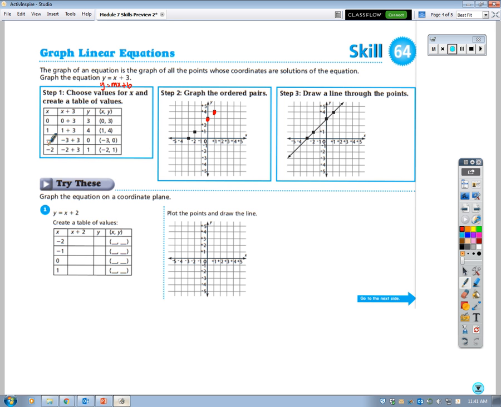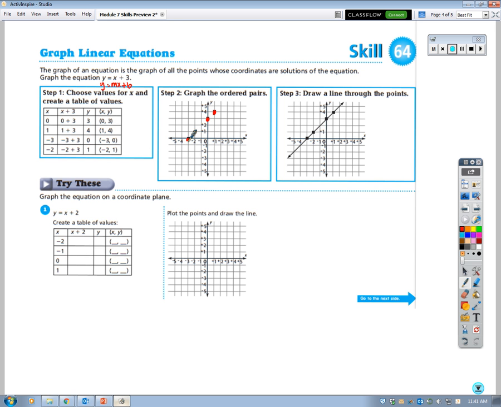Then they went ahead and plugged in negative 3. And you can plug in any x values you want. Use ones that are going to make sense to the graph that you've been given, in which case they probably didn't want to keep going this way because they would have run out of graph. So they went back this direction. And they've got negative 3. So negative 3 plus 3 is 0. So when x is negative 3, y is 0. So they plotted that.